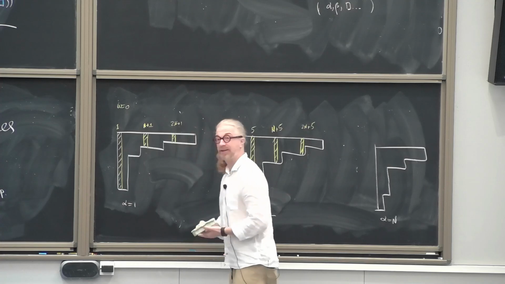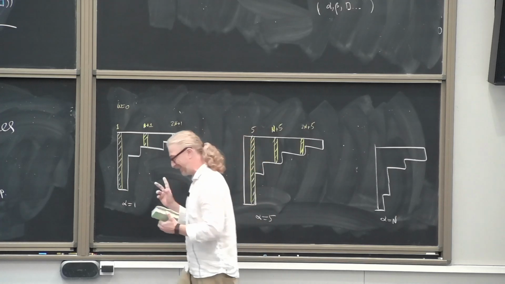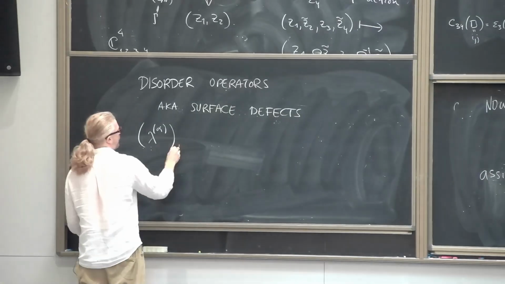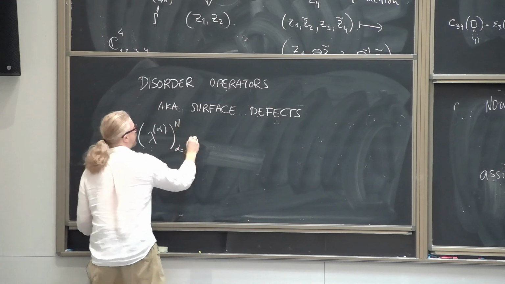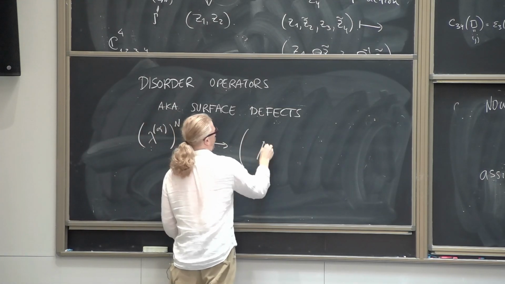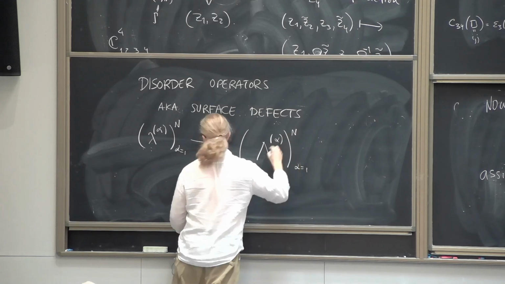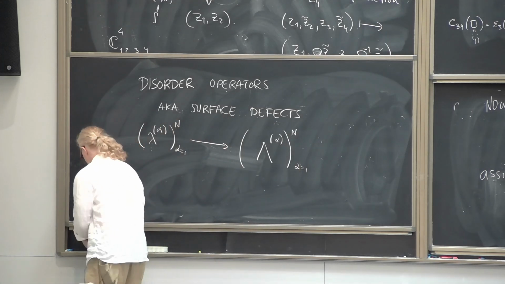So there is a map. And this is, I mean, for combinatorialists, a map from the set of n-tuples of Young diagrams to the set of n-tuples of Young diagrams.